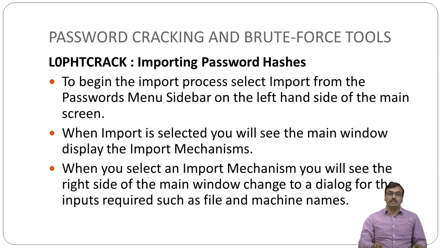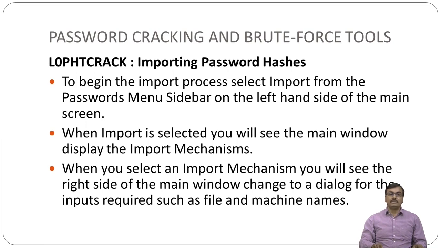To begin the import process, you have to select import from the password menu sidebar on the left hand side of the main screen. There are several steps to perform to import the password hashes. When import is selected, you will see the main window display the import mechanism.